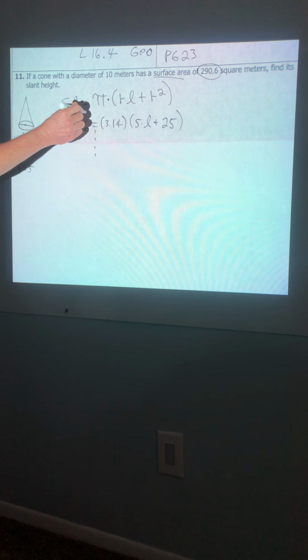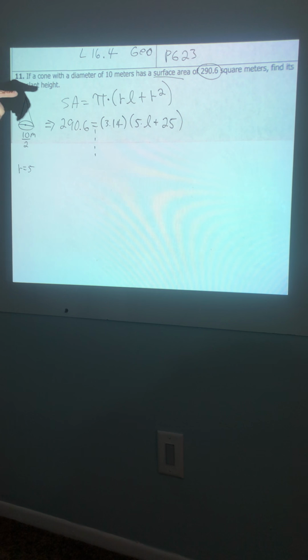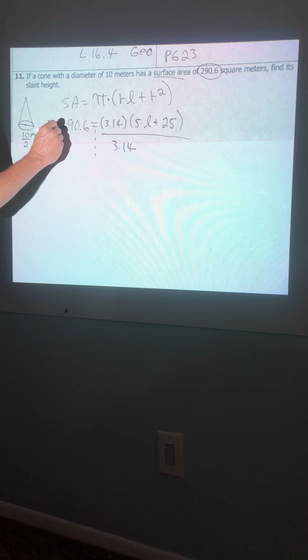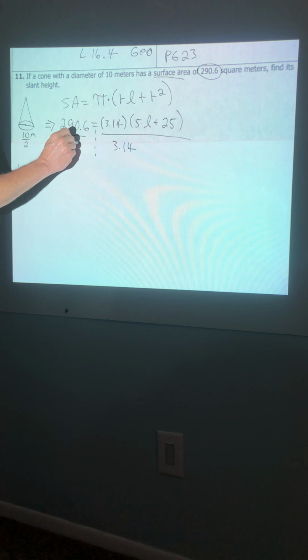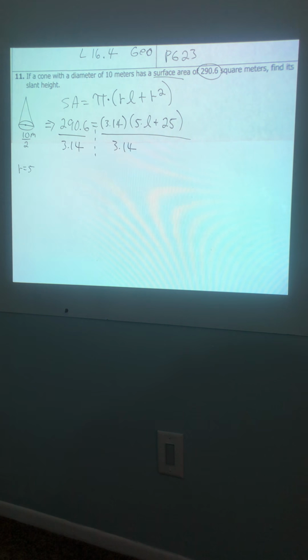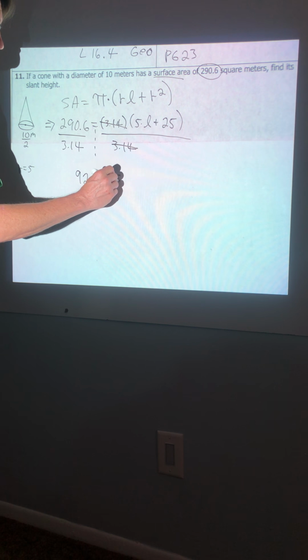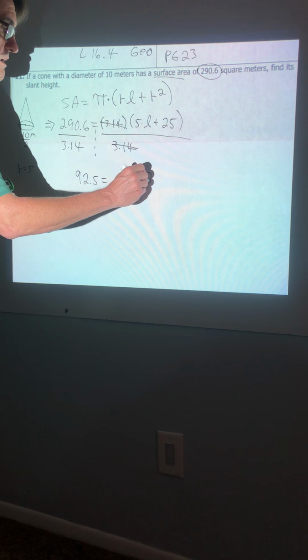Here's your dotted line, your left and right hand side of the equation. We're going to get rid of that 3.14. Divide both sides by 3.14. This is just solving equations. So I'm going to go 290.6 divided by 3.14, and I get an answer of 92.5, and you just set it equal to what's left over there, which is the 5L plus 25.